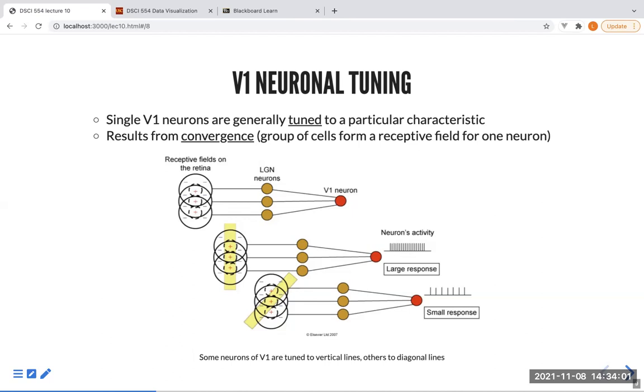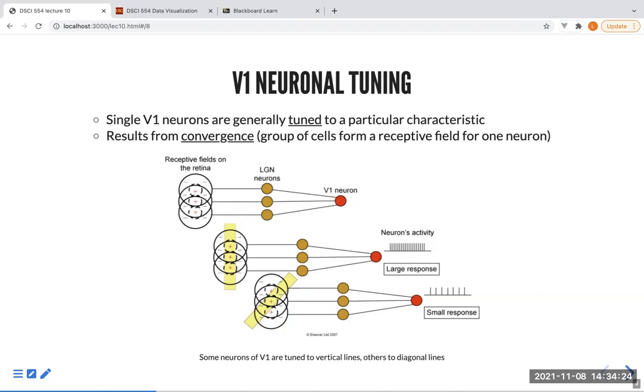If the line is not vertical, then you see that the overlap between the plus regions and the line is much less. So here the V1 neuron that responds to the vertical line is going to say it doesn't look like a vertical line, because that's what my receptive fields are telling me.